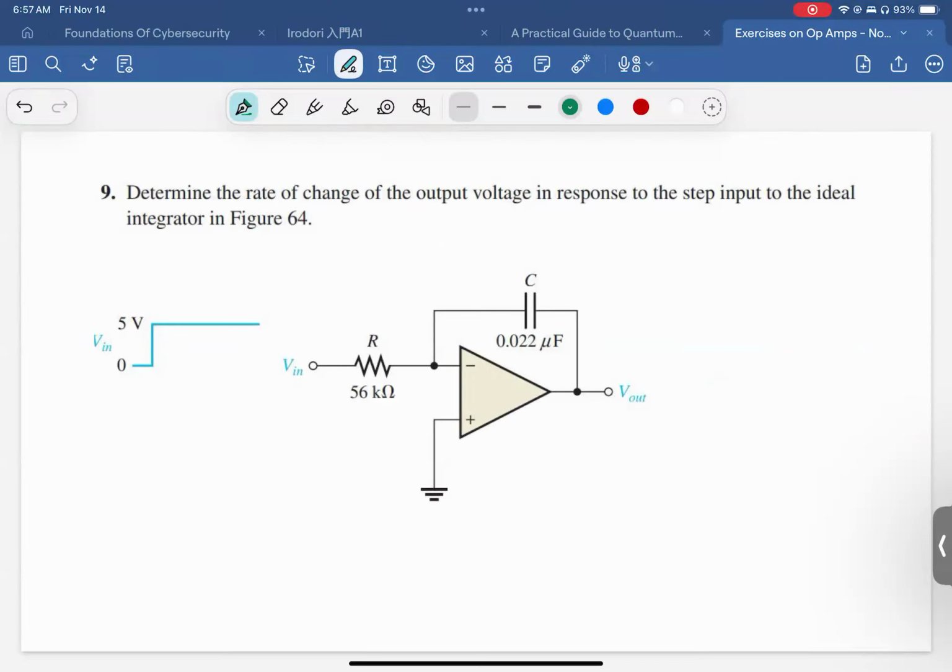Anong klaseng circuit ito? So yung feedback element ninyo ay capacitor. At yung input element is a resistor. Input circuit element. Okay, so anong klaseng circuit ito? So this is an integrator.